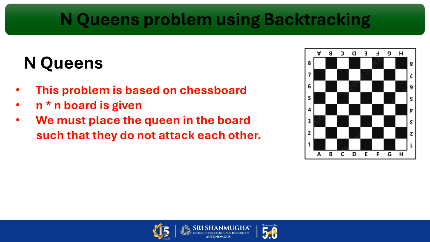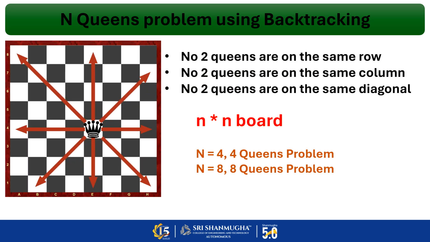So we have to place the queens on the board such that they shouldn't attack each other. Okay? How is the movement of a queen on the chessboard? See, the queen has more power, right? So if it is placed in a row, it can move left as well as right along the entire row, as well as the entire column, as well as the diagonal.